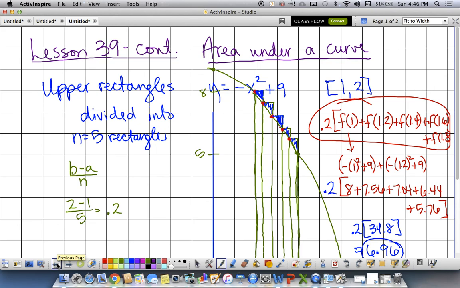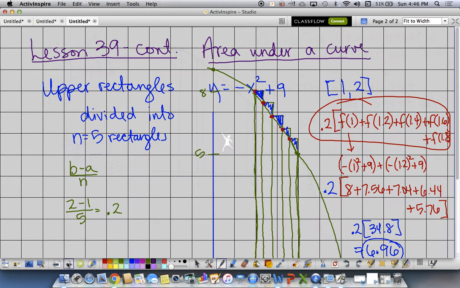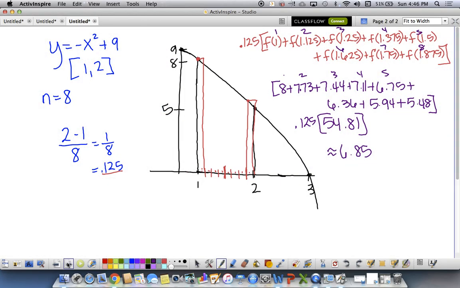6.96. So the area with 5 sections was 6.96, if you can see it there at the bottom. The area with 8 sections was 6.85. Is the area still going to be less than 6.85? Yeah, because there's stuff out here.